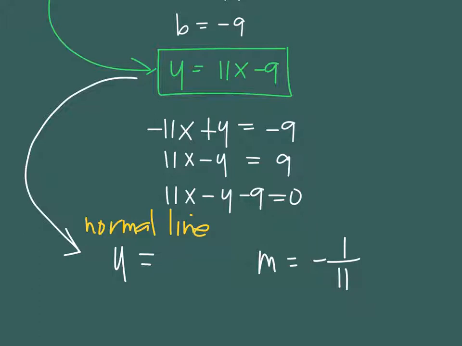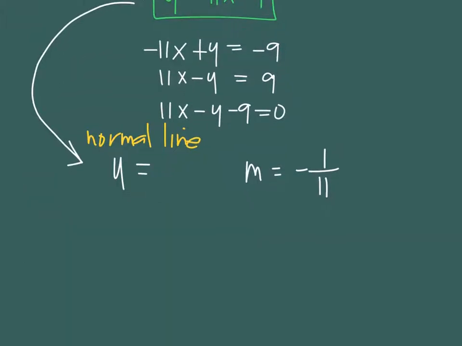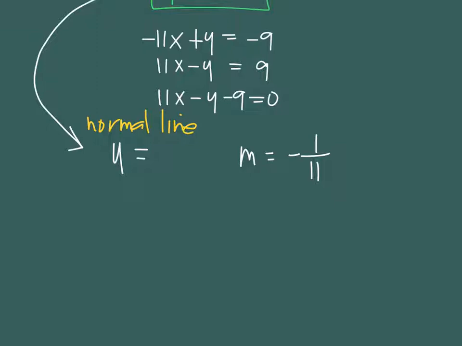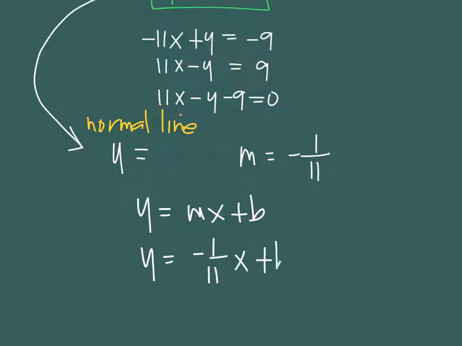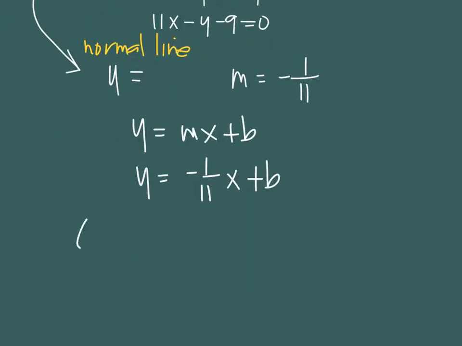So the slope of the normal line is the negative reciprocal, negative 1 over 11. Then we follow the same process. It must be y equals mx plus b, but the m now is different. And then to find the b, you use the same point, (1, 2).